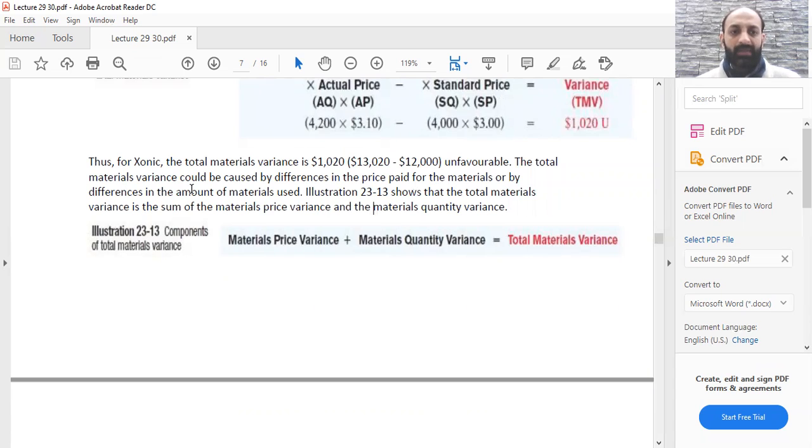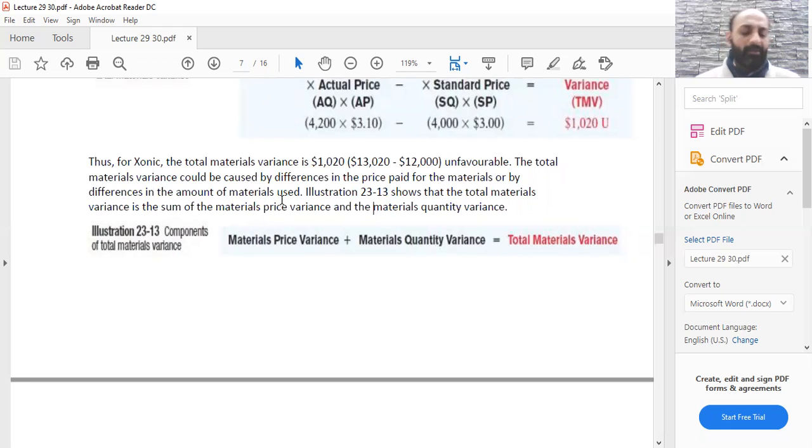The total material variance could be caused by difference in the price paid for the material. You know, if you buy at a price which is different from the standard price, obviously there will be some sort of a change in the total material variance, or by differences in the amount of material used.